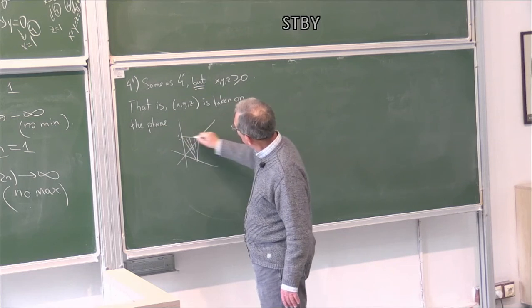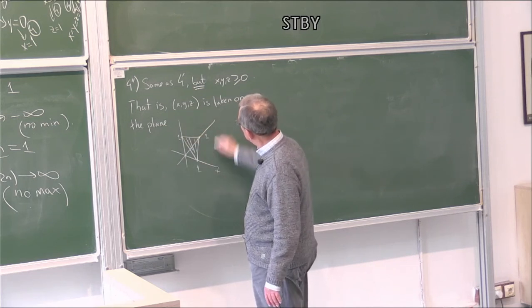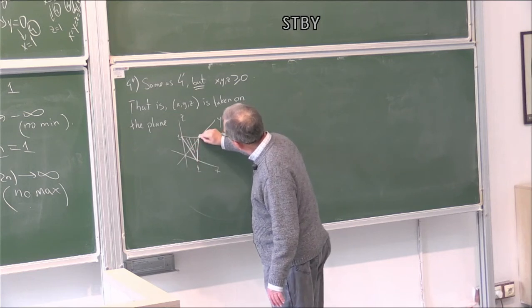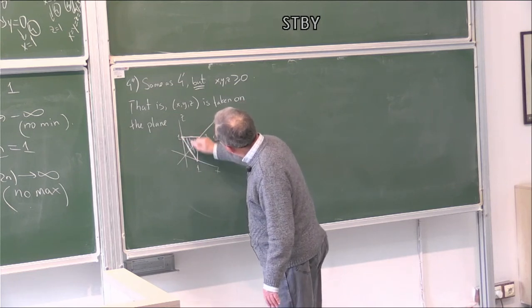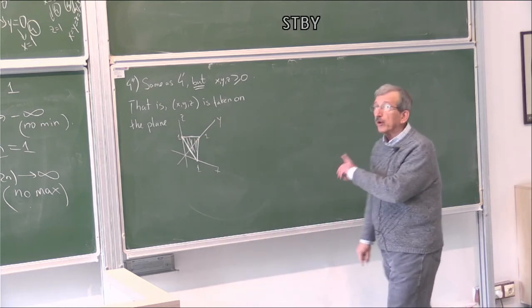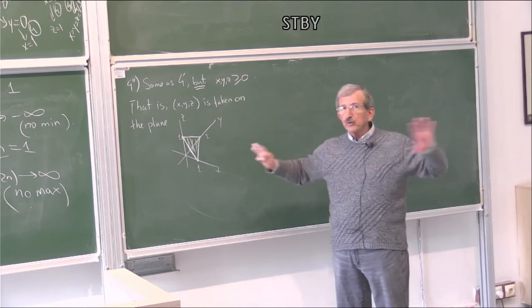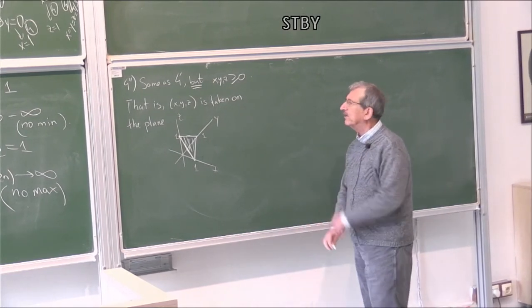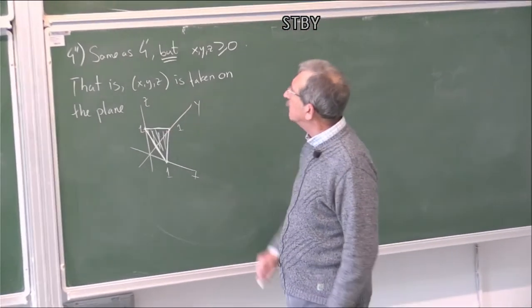Okay, these are all 1s. So this is the restriction. We choose our points on this plane, but in the first quadrant. Okay, we don't go to negative values. x, y, and z are all non-negative, so we choose them from here.